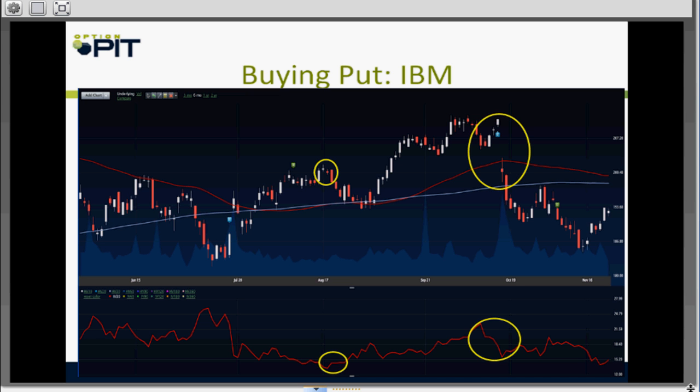Now, one thing I would point out is, these are really timed together. Notice we get this big drop in vol here after earnings. You see we went from 207 to 200.